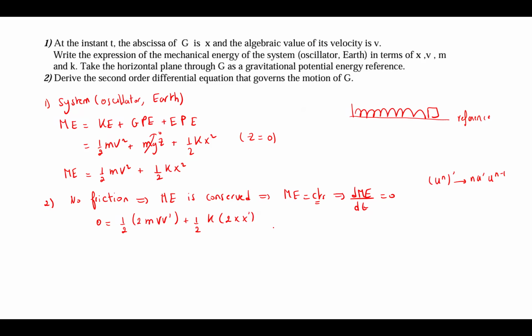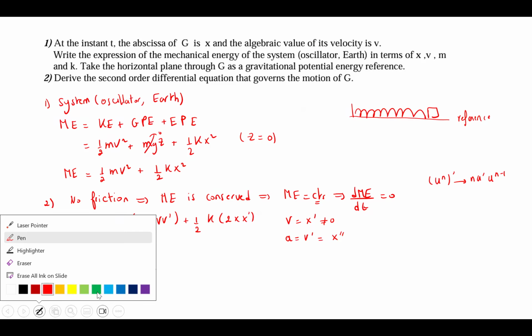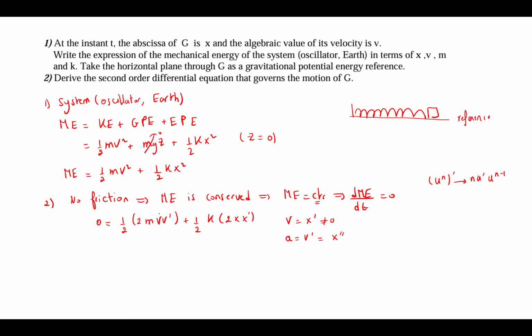So here we also know that v is the derivative of x, dx over dt, and v prime is a, which means it's x double prime. So instead of x prime, I can put v, and instead of v prime, I can put x double prime.